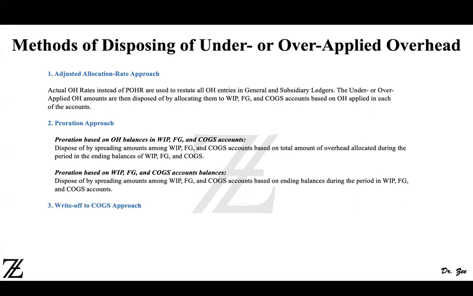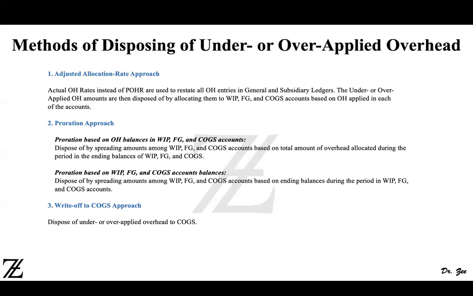The third one, and the easiest one, is the write-off to cost of goods sold approach. We usually use it when the overapplied or underapplied overhead amount is not material, because it's the simplest approach to follow. Whatever you have, overapplied or underapplied overhead, you just dispose of it to cost of goods sold.